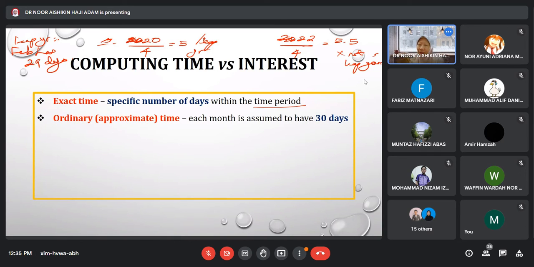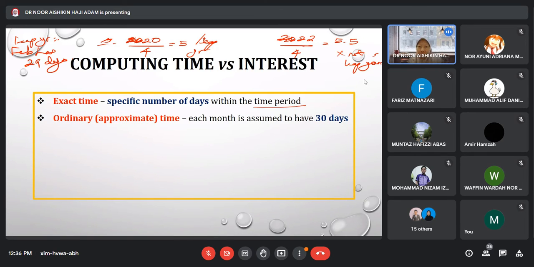So July ada 31 days. And then you sambung with August, 31 days. So July and August are the only 2 months with 31 days. Yang lain-lain tu semua alternate between 31 and 30 or 28, 29. Normally 30 lah except for February tu. Okay, jangan salah tu.